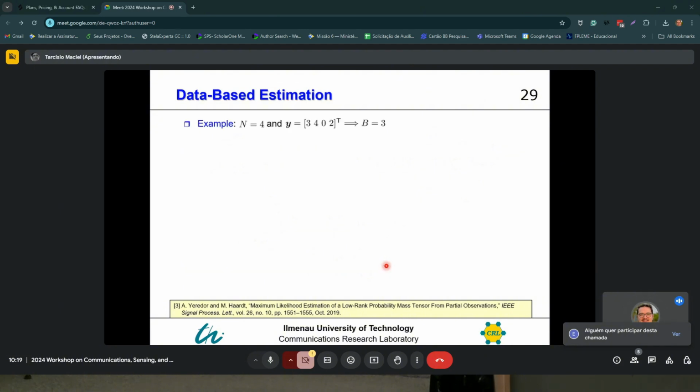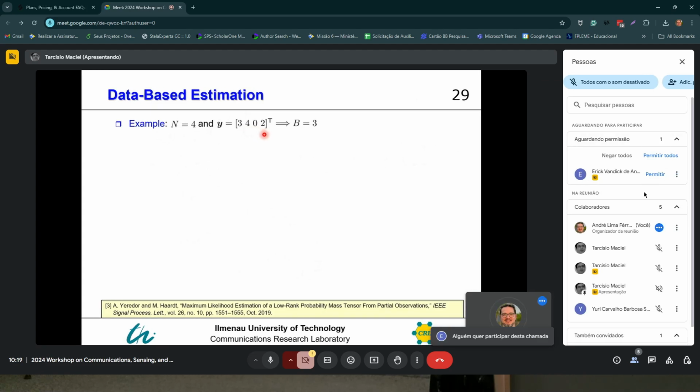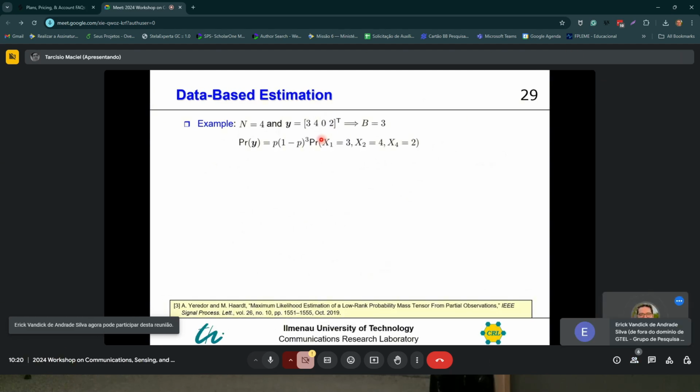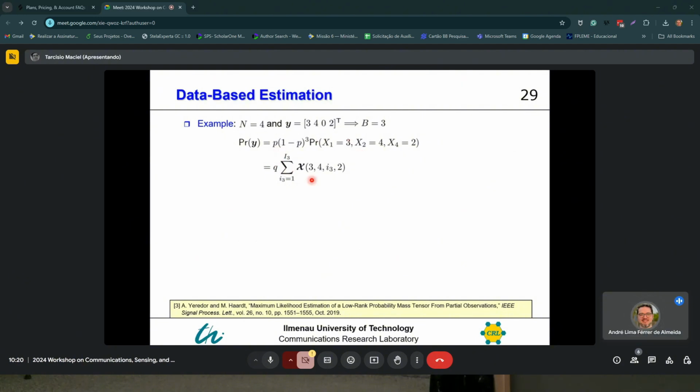Okay, let's look at an example. For four random variables, this vector y should have the components 3, 4, 0, 2. So we only observe three random variables. We don't observe the third one. This is the probability here that y occurs, the q. And we want to marginalize over the random variable x3 that is not observed here.